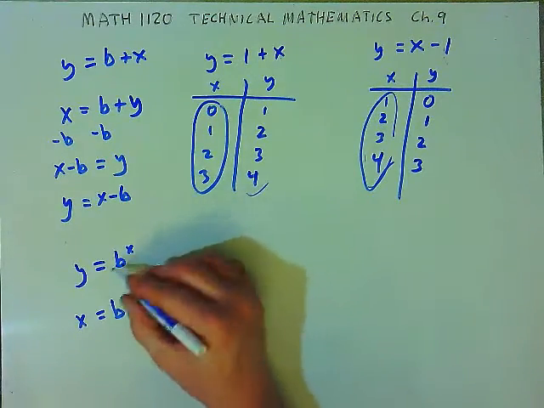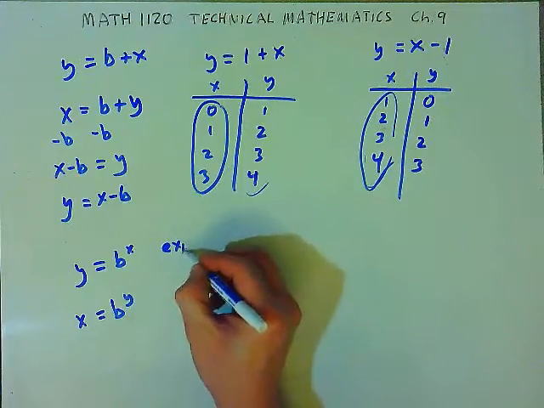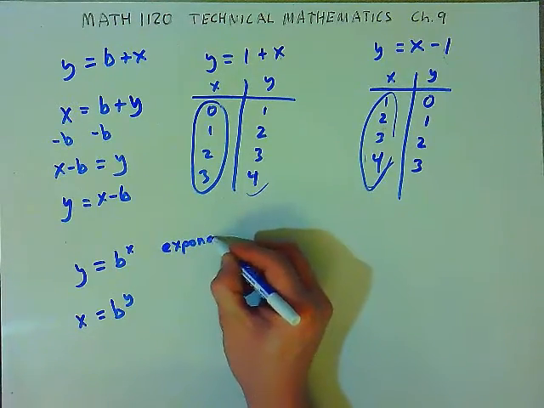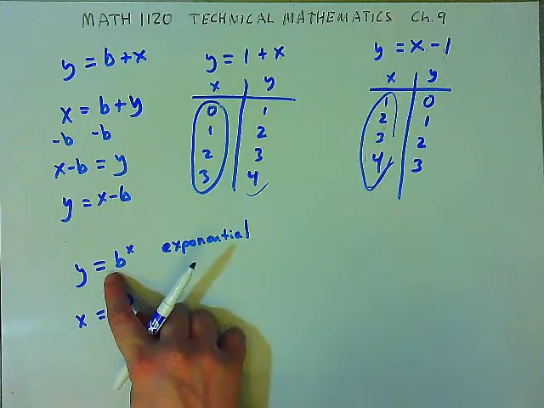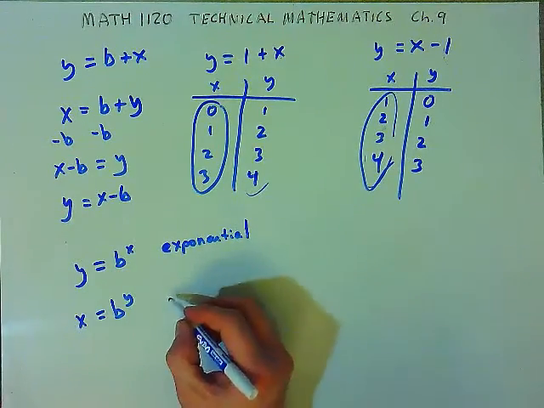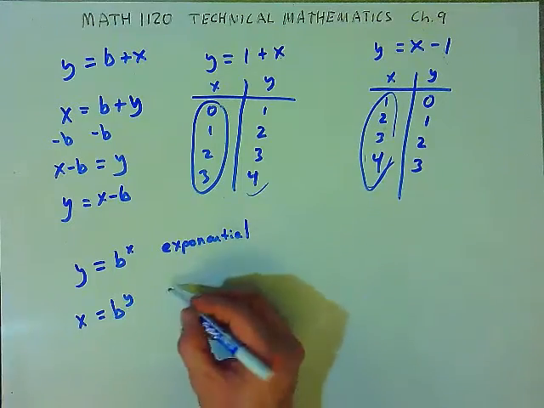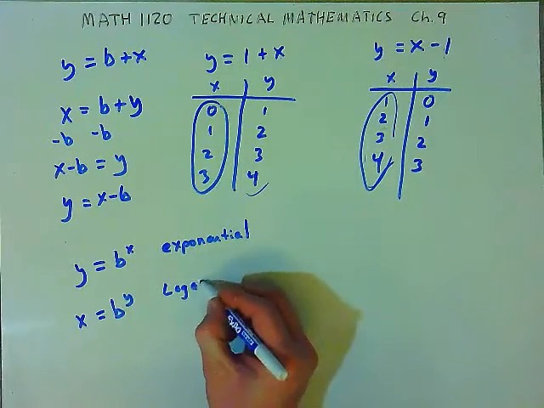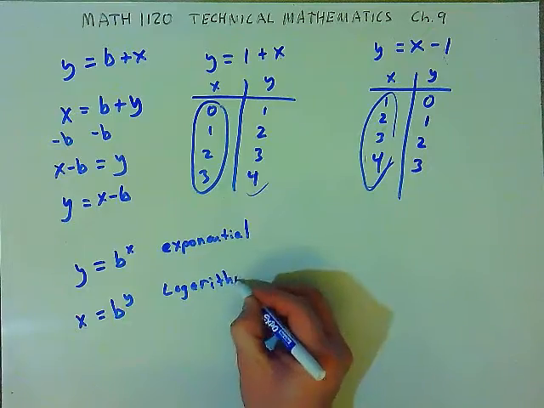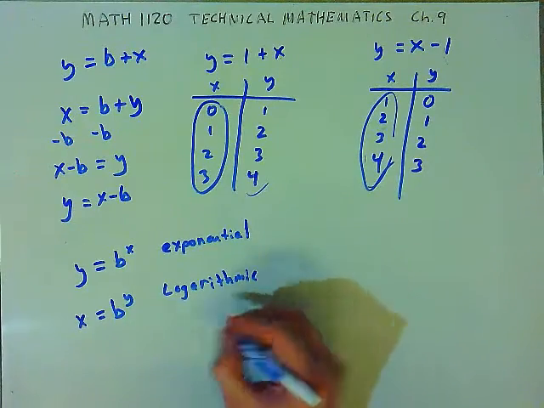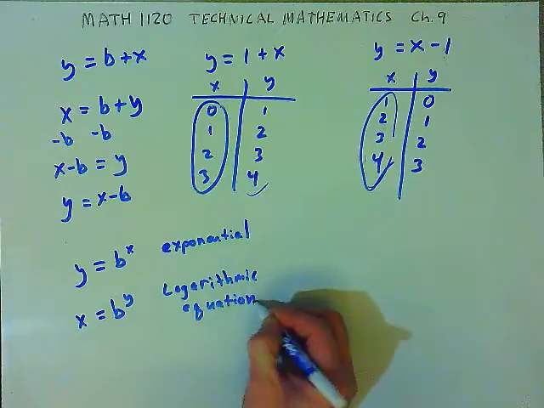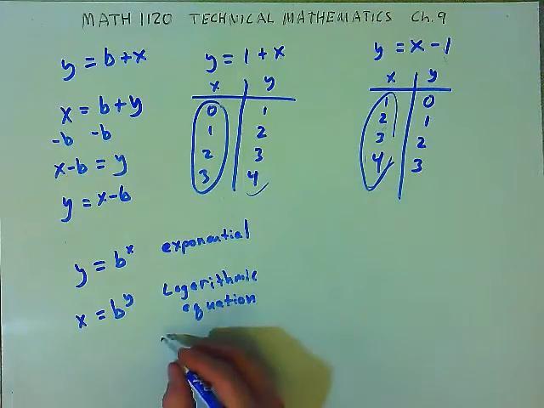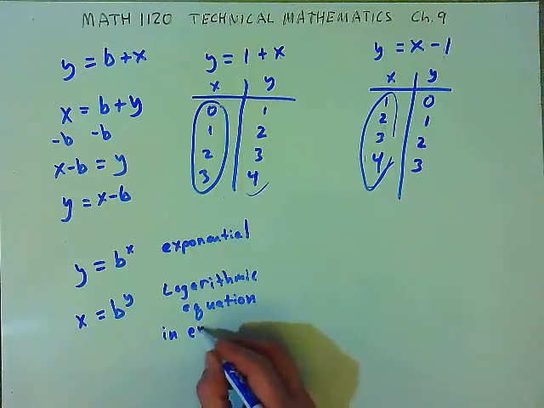And so let me start by saying that our original function here was the exponential function. This was our original exponential function. This is what we call the logarithmic equation. And specifically we say that this is an exponential form.